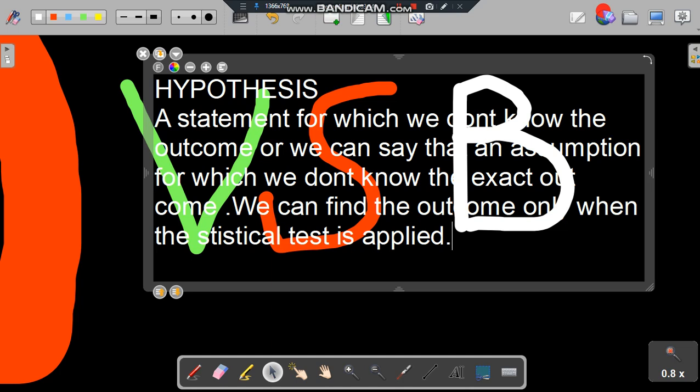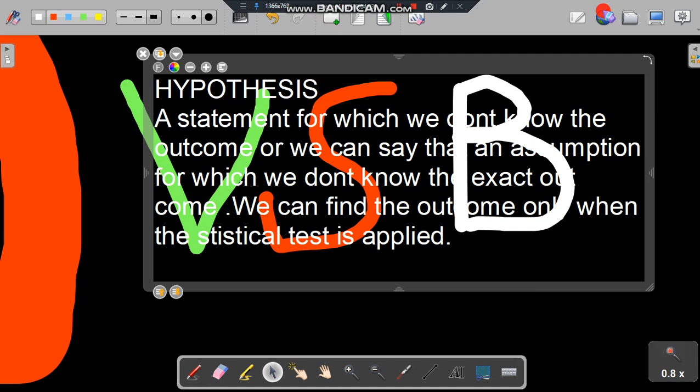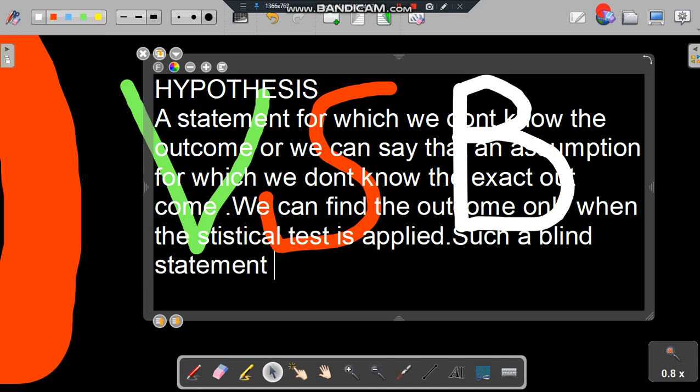Such a blind statement is termed a hypothesis.